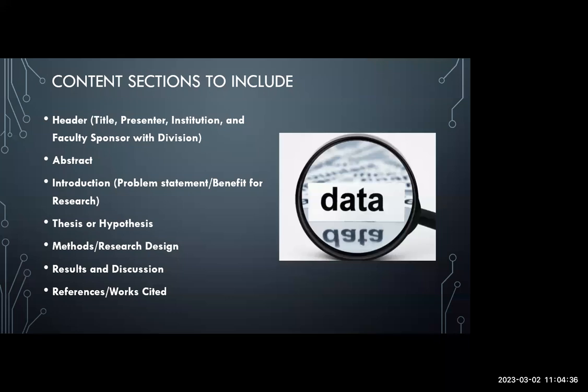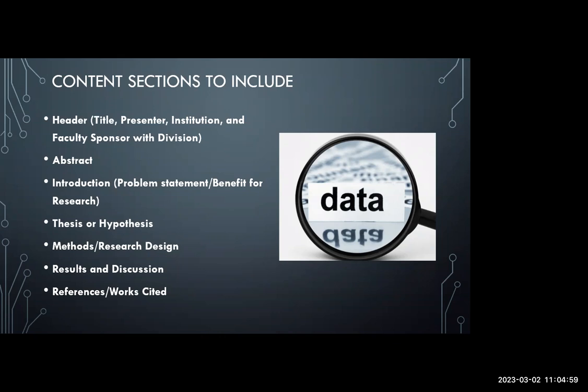Include an introduction section which details a little information about the problem statement and or the benefit for the research. You want to include your thesis or your hypothesis and your procedure methods or research design methods of what you used and how you went about completing your project.